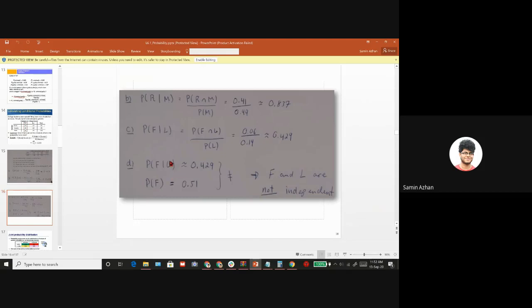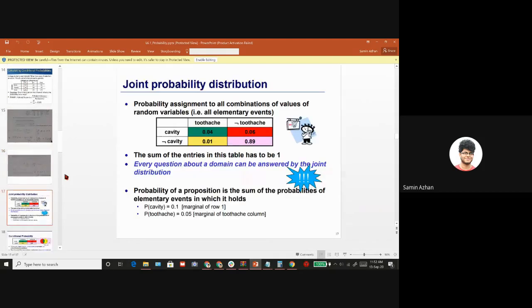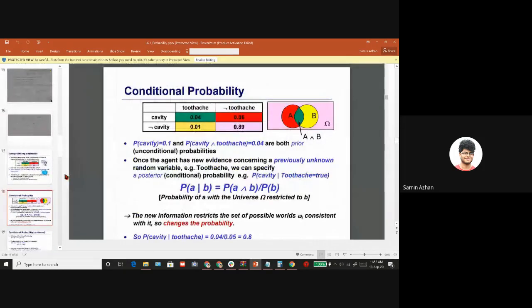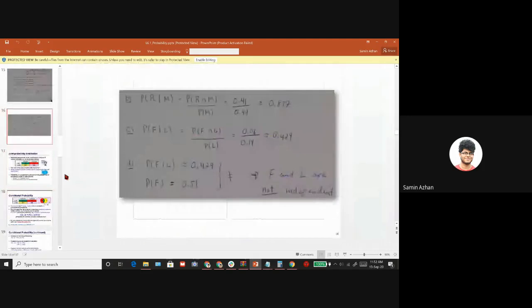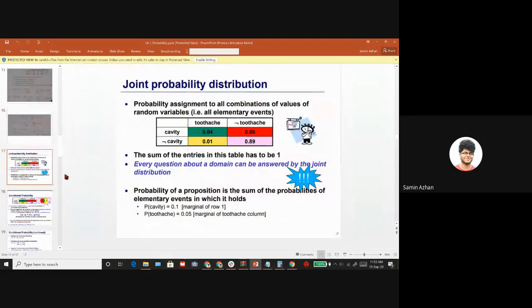If the probability of F given L is equal to the probability of F, that means L doesn't matter when we're calculating the probability of F. But in this case, it did matter because the values are not the same. We'll learn more about independence in an upcoming example. We have to cover a lot, so I'll move on.